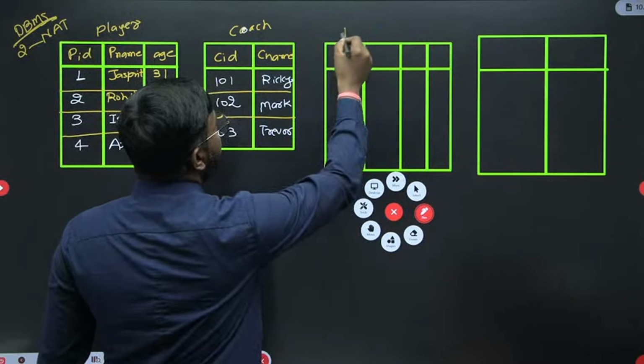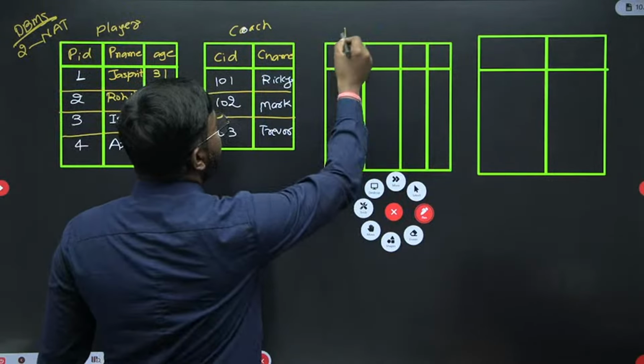Now the next is our team. This is a team relation with the team ID, team name, team city, and CID, coach ID. Now we are given 3 teams. The first team was 10, the name was MI and the city was Mumbai, and the coach ID here is 102.